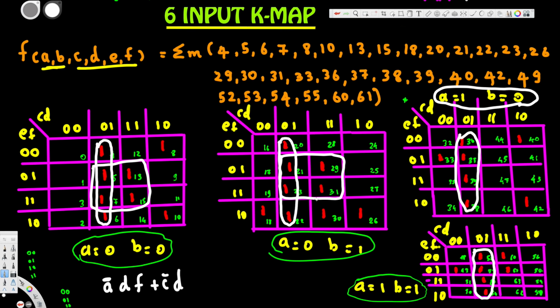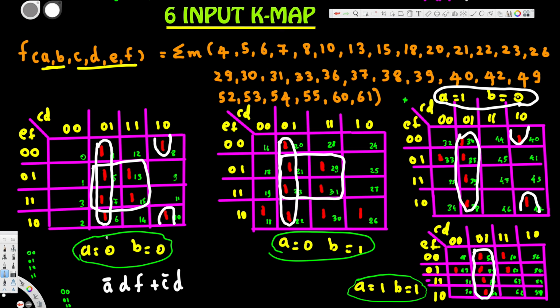Okay, now let's look at any other term that is common in two tables. So this is one common, and if you look at this one, here we have this one right here, and this one here, right? So we can connect these four like this. And for this one, C and D are not changing.